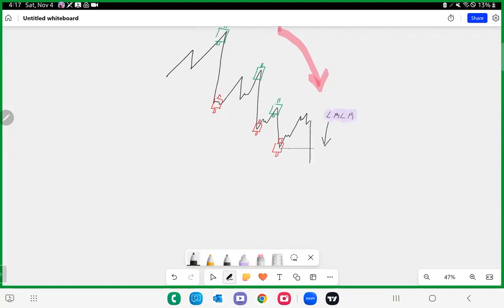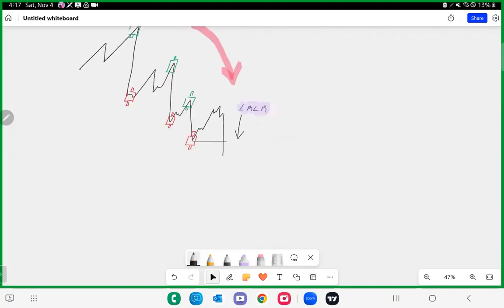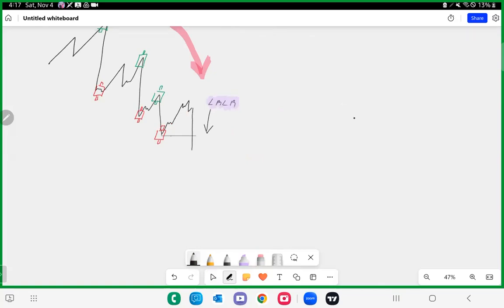Now, depending on the overall market condition, let's say that we could be looking at a market. Let's take this image and draw it to a different scale. Let's imagine we're in an overall market.